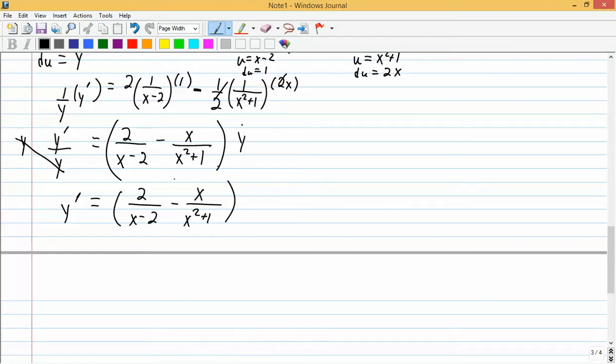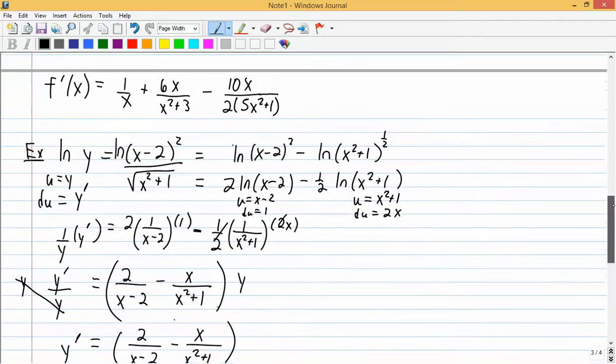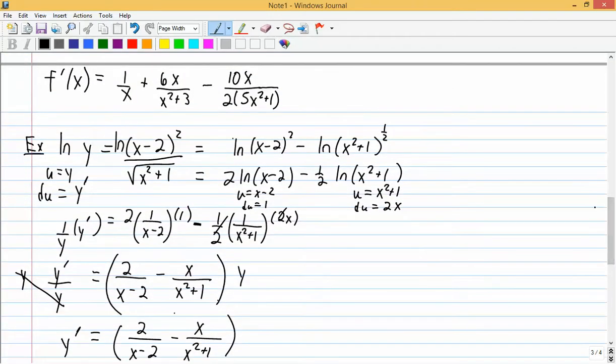And now what is y equal to? Remember, y is what we started with. If you go back to the very beginning, and I'll highlight real quick what I had before. I had y equals this right here. I didn't have any natural log or anything like that.